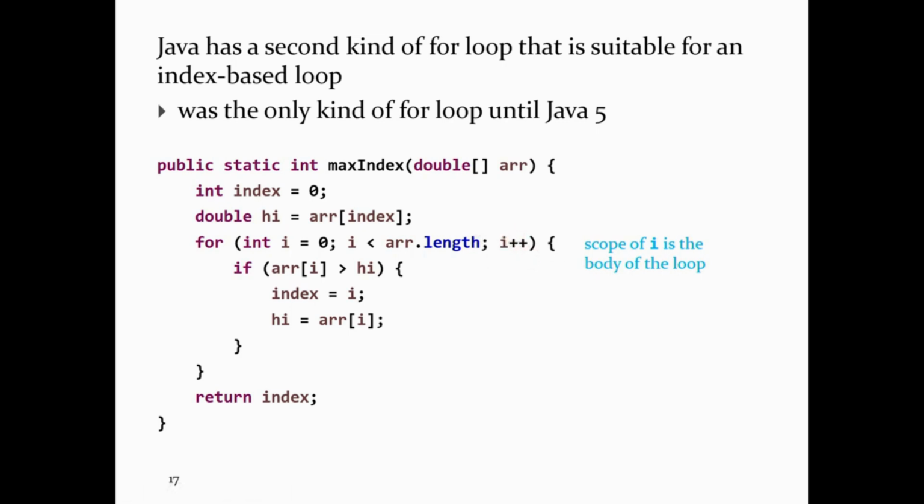Each time through the loop, I want i to go up by 1. So I want to increase the value of i by 1. You can increase the value of a variable by writing i++. So i++ means, for the time being, add 1 to the value of i. And now the rest of the code looks the same as before.